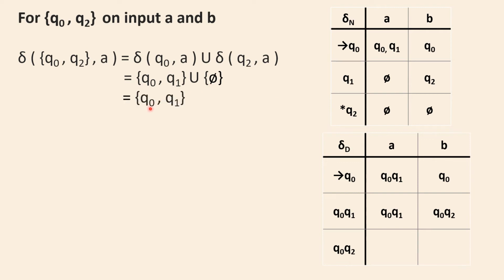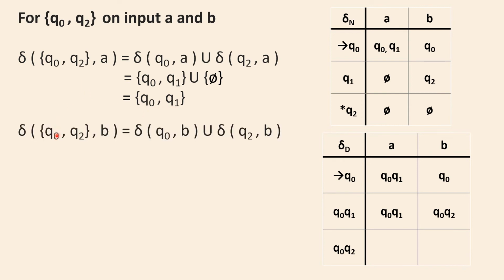So I have Q0 and Q1. Always make sure to see the transition table of the NFA, not to get confused and see the transition table of the DFA. So when we are trying to find out the new states, always take the transitions from the NFA transition table. So here from Q0 Q2 on input A, we have Q0 and Q1.